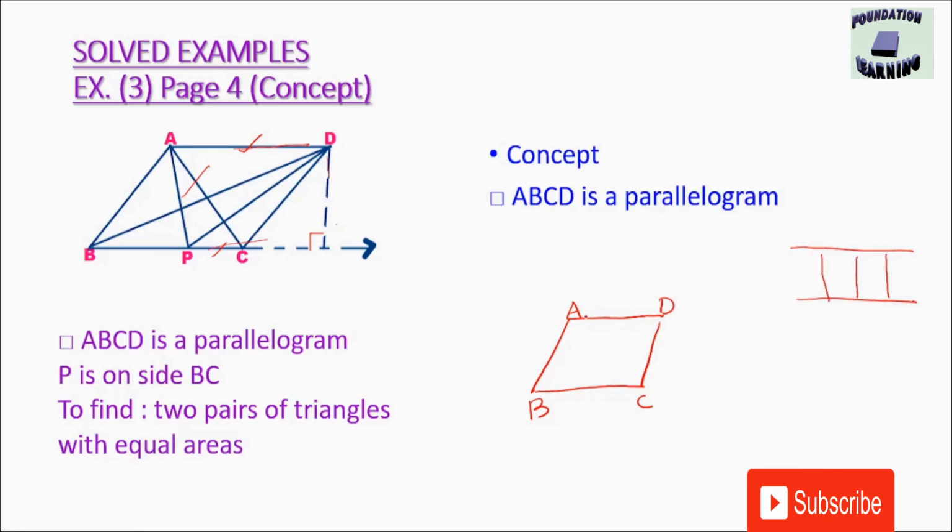So the condition was that ABCD is a parallelogram and P is on the side BC, P is here. Now what do we have to find? We have to find two pairs of triangles with equal area. From the many triangles here, you count how many triangles there are and name them, and I'll help you.